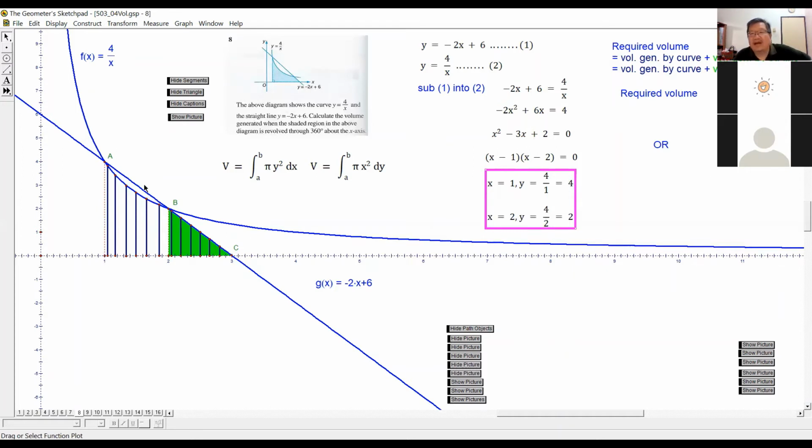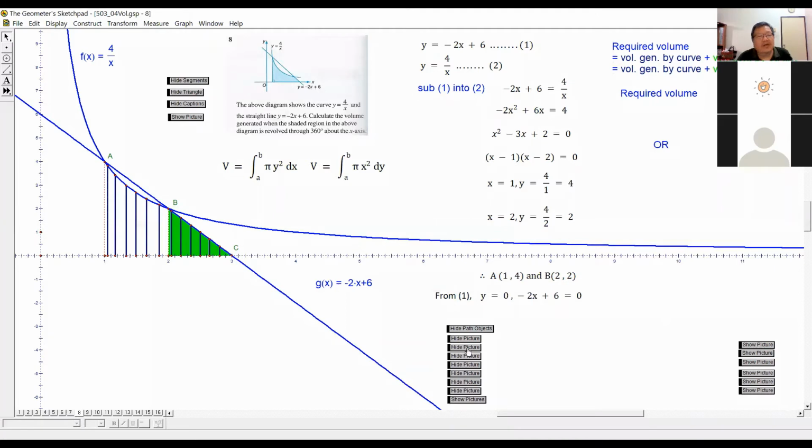A. Then the other value gives x equals 2. I substitute x equals 2 into equation 2. So 4 divided by 2 is 2. So (2, 2) is which point? (2, 2) is the point B. Okay, next. So the point A is (1, 4) and the point B is (2, 2).